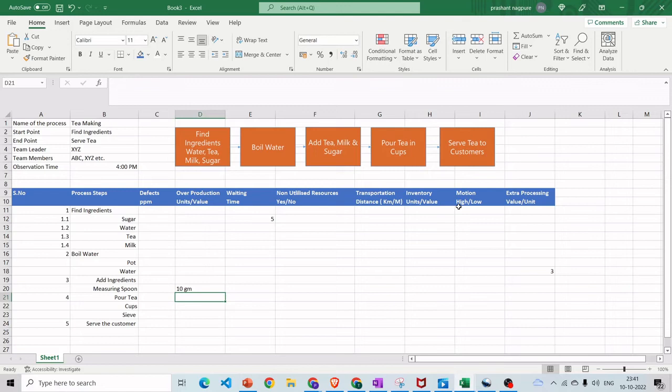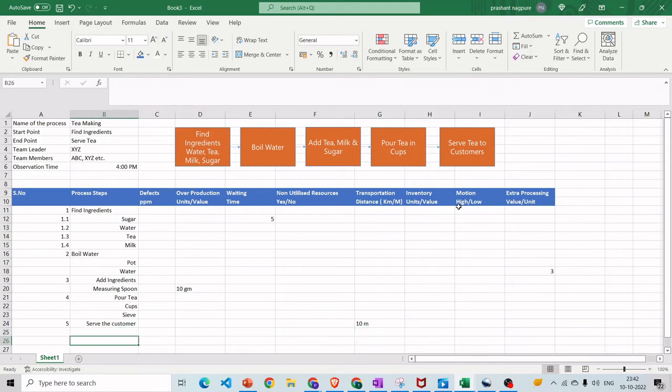Okay, again wasted. Serve customers. So I had to travel, say 10 meters, and if there was some mechanism for me to not travel this 10 meters and deliver the tea to the customer, it would have been good. So all this adds to the waste.